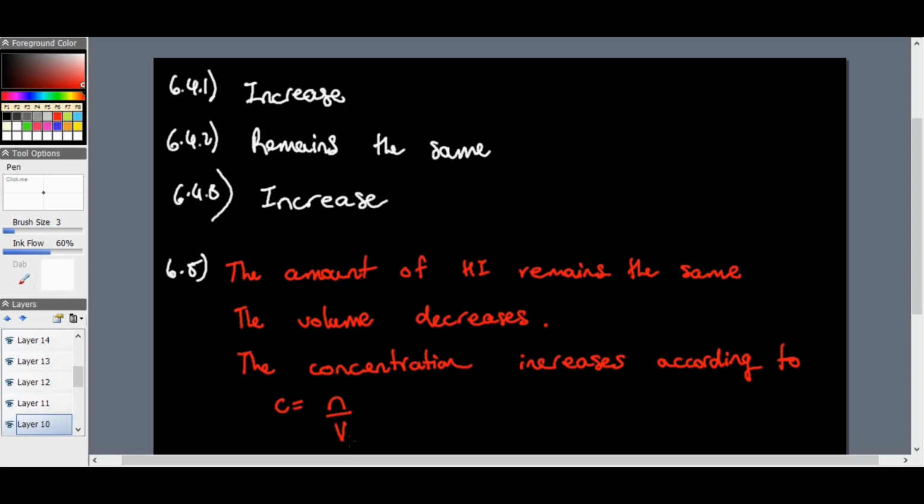So if this goes down, this goes up. The inverse proportionality comes into play here. So that was our answer for 6.5. Any questions on that, guys?